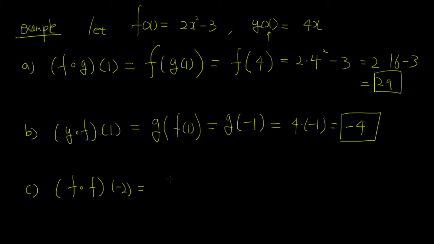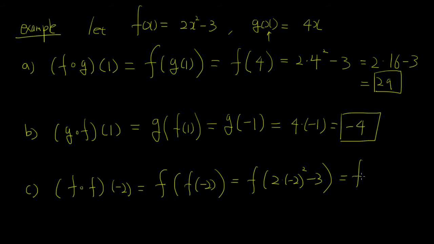Alright, so according to this, this would be the outer function. Inner function is the same, but negative 2 goes in like that. So what's f of negative 2? Just replacing that by negative 2, which is 2 times negative 2 squared minus 3, which is what? That's negative 2 squared, which is 4, times 2, 8, minus 3, 5.